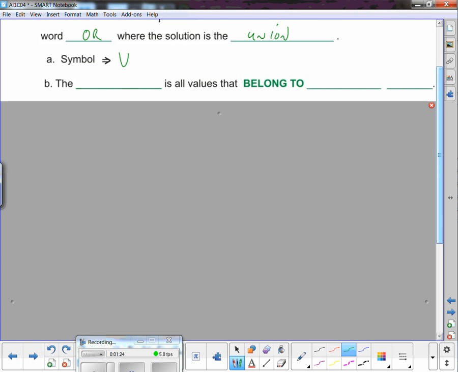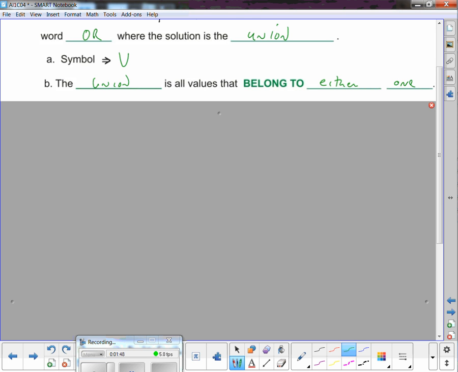Okay, so what is union? How do you interpret union? Again, we've done union before, so this is just review, I hope. The union is all values that belong to either one. Any value that belongs to either one is the union.